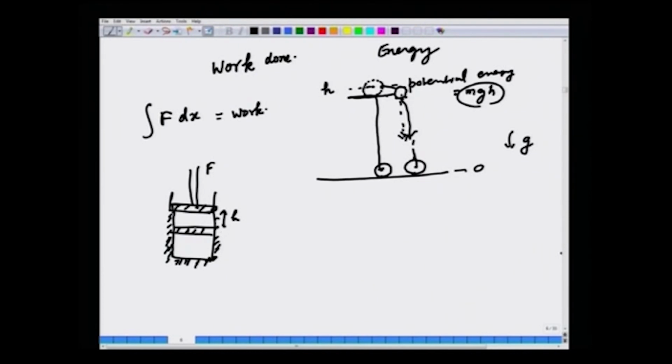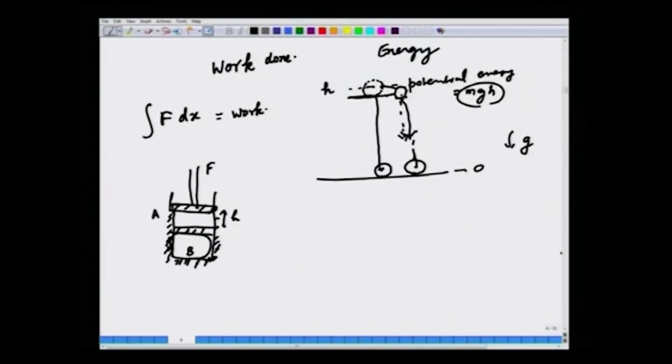Now, let us call the original state A and this state B. So, now the gas is in a compressed state, and work has been done on the gas, because clearly the piston has moved over a distance h. So, work has been done by you, and that has resulted in a compressed state of the gas.